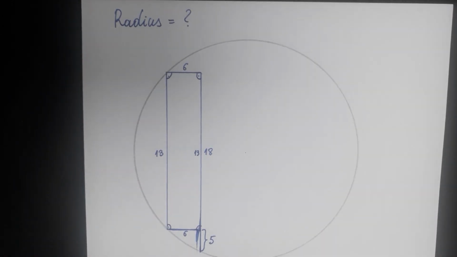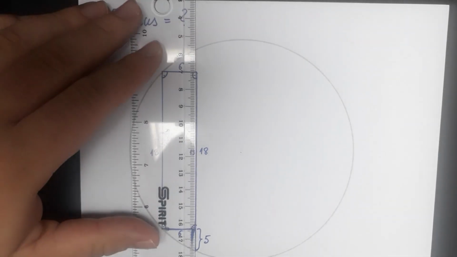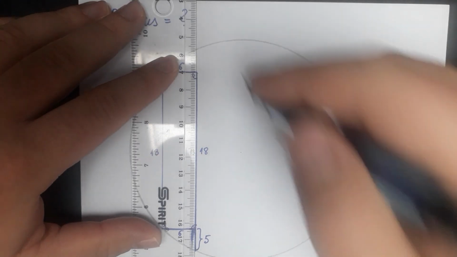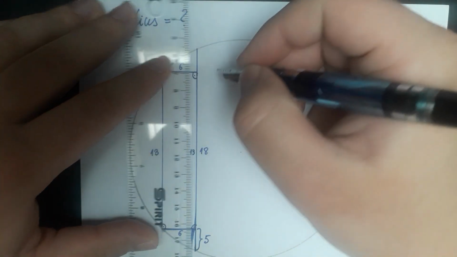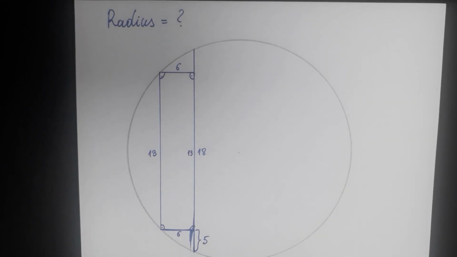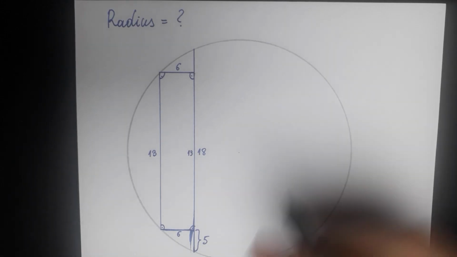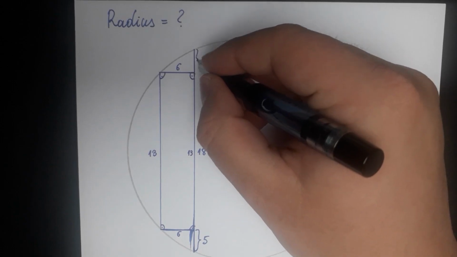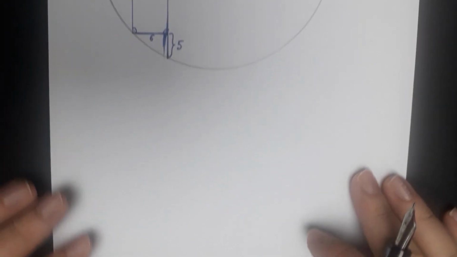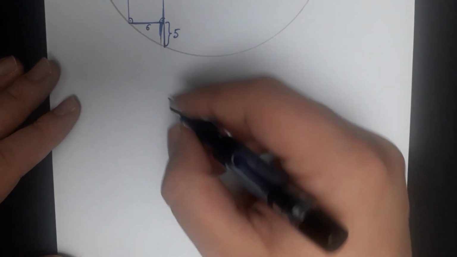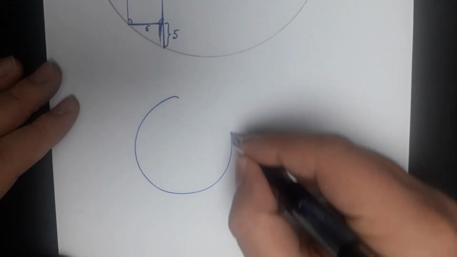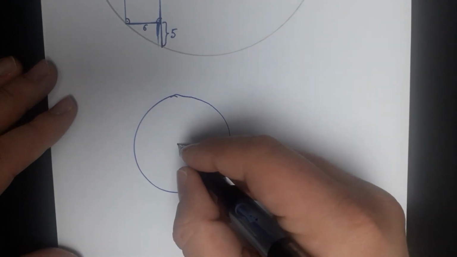Let's continue this line of the length of 18 on the upper part all the way until it intersects the circle to complete an image. We can label the length of this piece as x. Now we are going to use the perpendicular bisector of a chord theorem. And for that theorem, I need a circle.